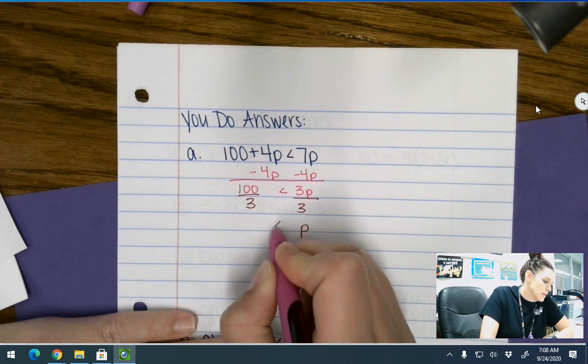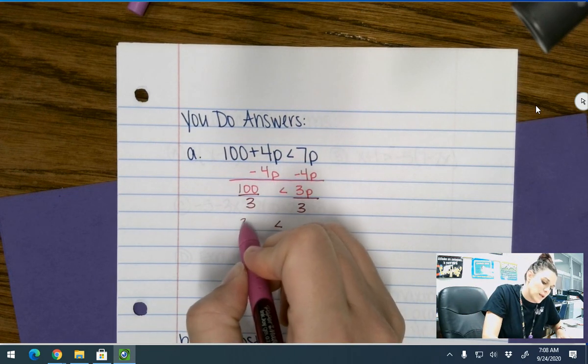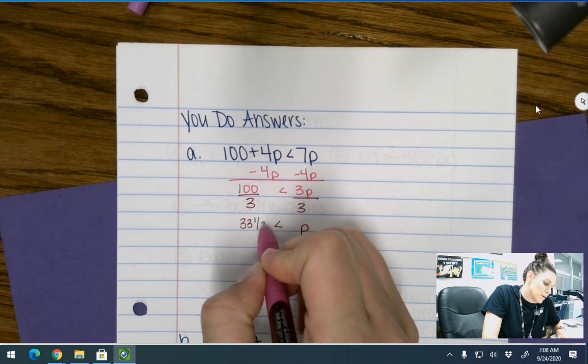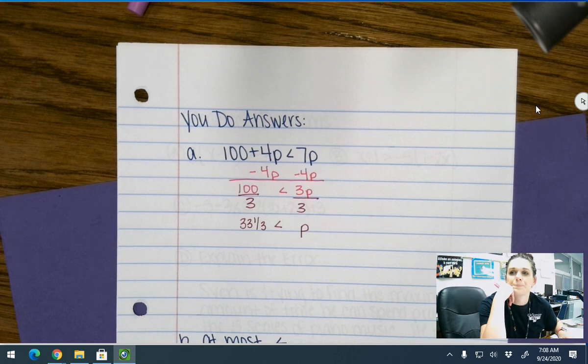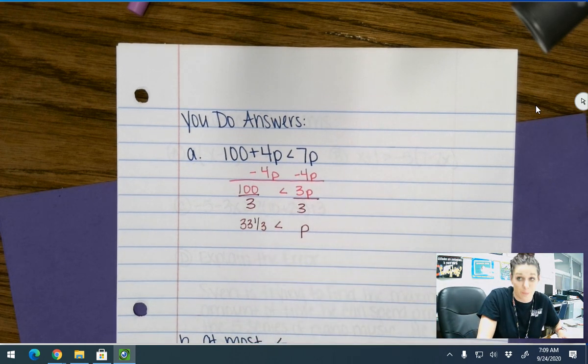So pizzas are greater than 33 and a third. I have to sell more than 33 and 1/3 pizzas. Well, I'm not going to just sell somebody a third or 2/3 of a pizza. I'm not going to say, oh, you get there at 33 and a half.